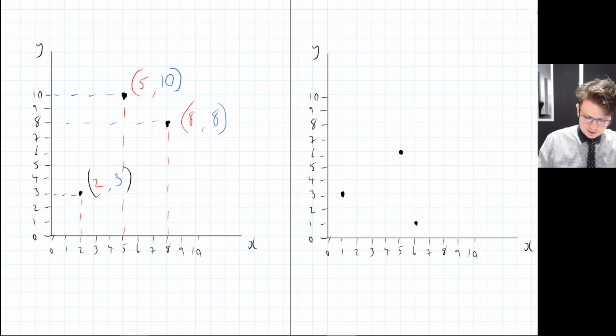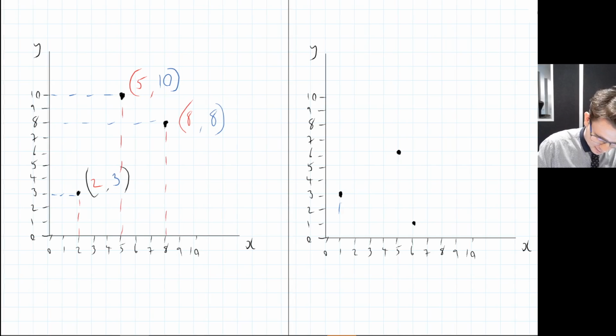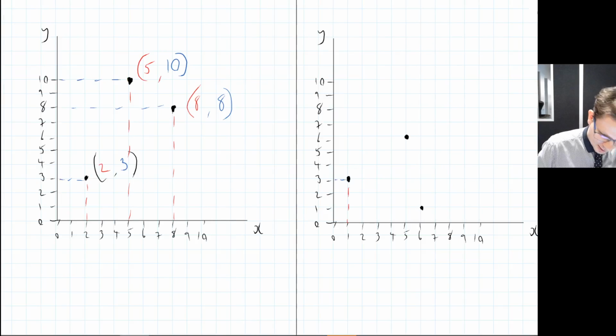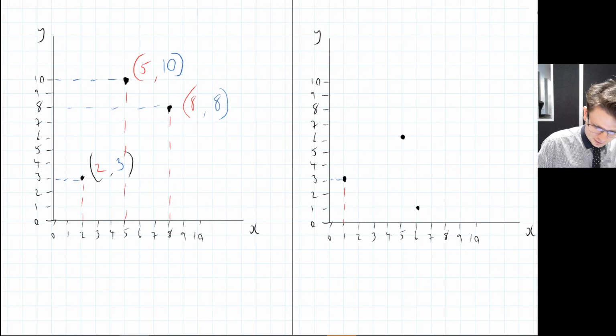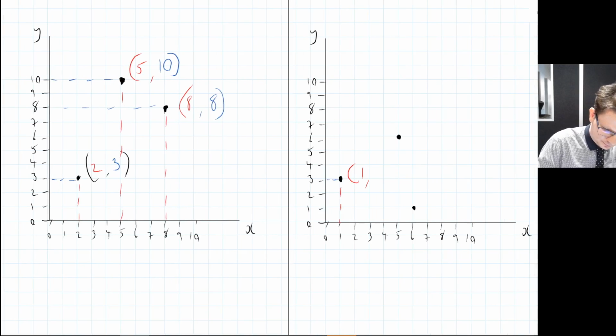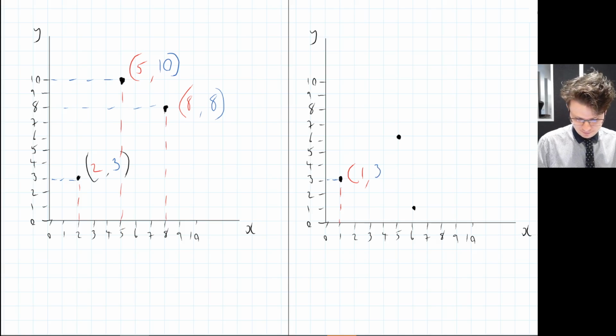Alrighty, so hopefully you've had a go at that. So first one, well, let's follow my colours. We've got 1, alrighty, so it's 1 across, and if we have a look over here, it's going to be 3 up. So this would be 1, 3. Alright, let's try the next one.